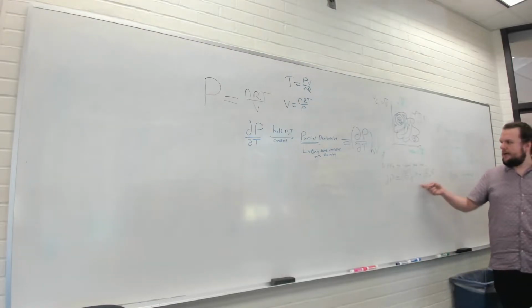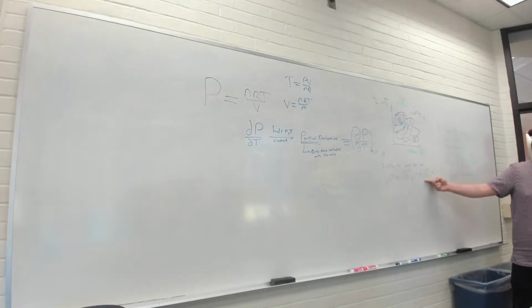Now all we have to do is calculate these partial derivatives. You calculate a partial derivative the same way as any other derivative; you just assume that the other variables in the function are constant.